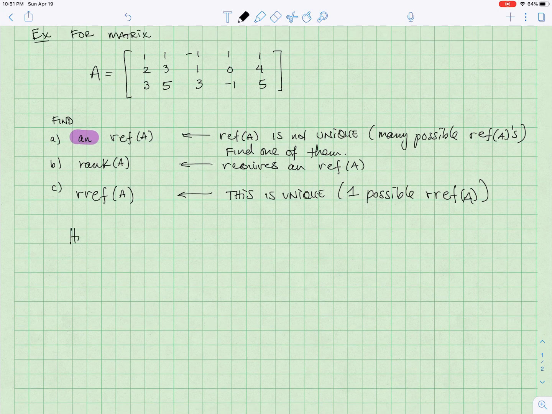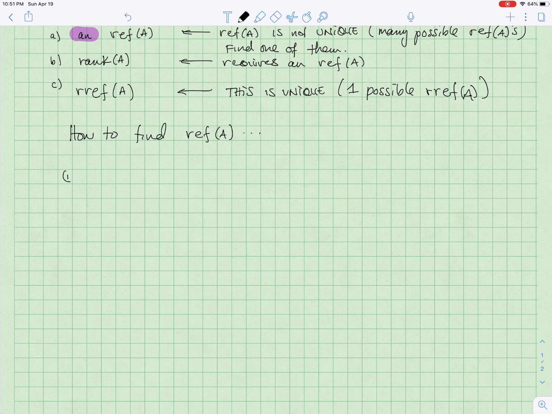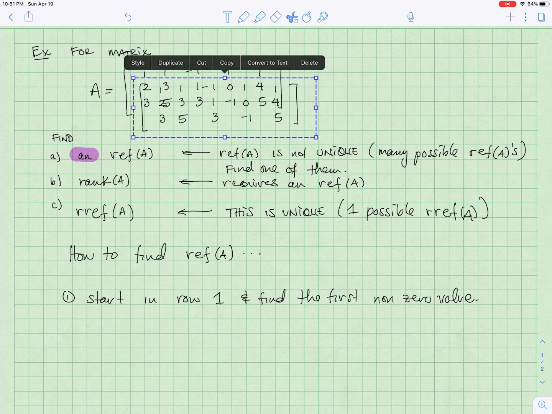So how to find REF A. It's very, very systematic. What you're going to do is start in row 1 and find the first non-zero value. Okay, let me copy this here really quick. Duplicate. Here we go.